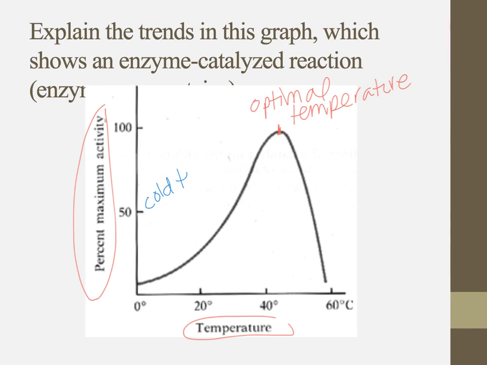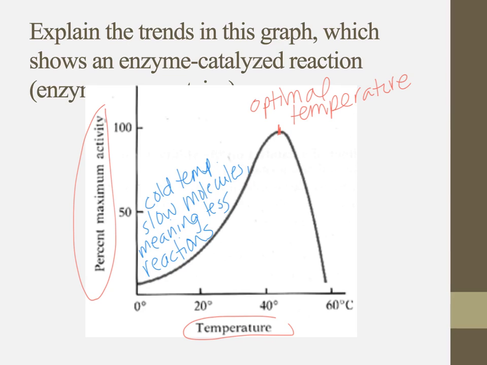So cold temperatures slow down molecules, meaning less reactions. So low temperatures tend to make slow reactions. Things just slow down in these cold temperatures because molecules aren't moving fast enough, they're not colliding as much, they're not colliding with enough energy, all sorts of things.